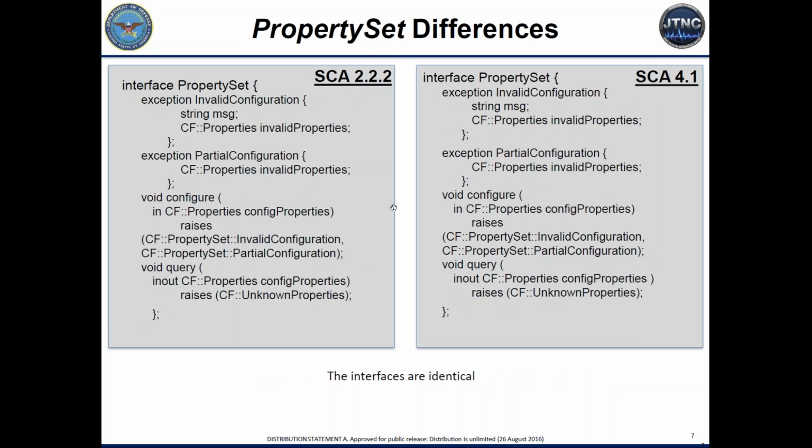That was one of those composed interfaces of an SCA 222 resource. You'll note that property set is identical going from 2.2.2 to 4.1. It was one of the decisions that the 4.1 design team made during the construction of the spec.